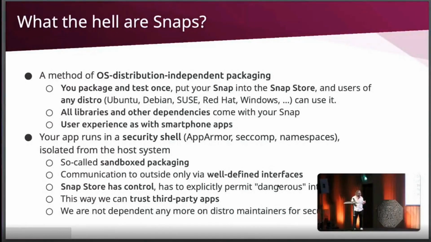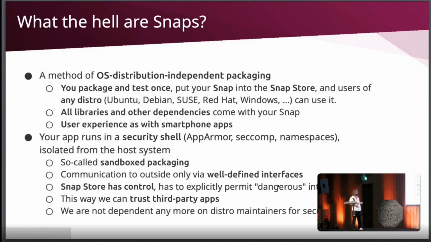But when we want application maintainers, upstreams, to upload their applications into our Snap Store, into our repositories, where our users, or any distribution's users, can easily and quickly download them, then we need more security.